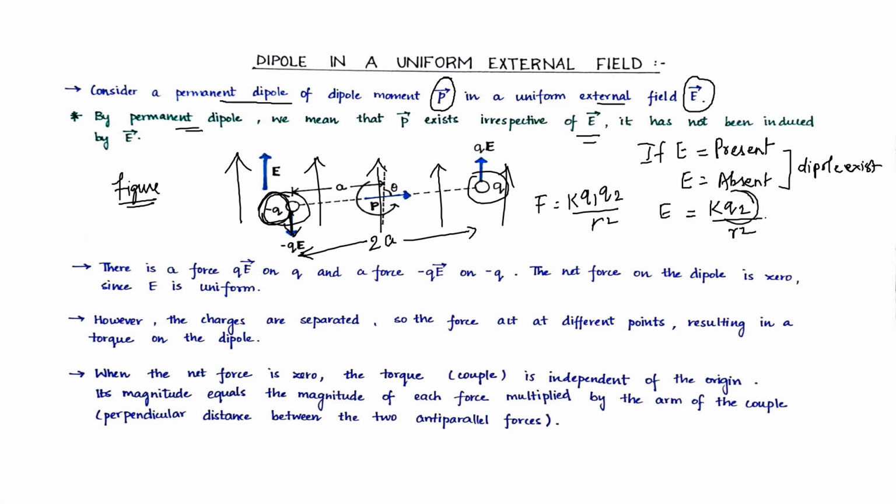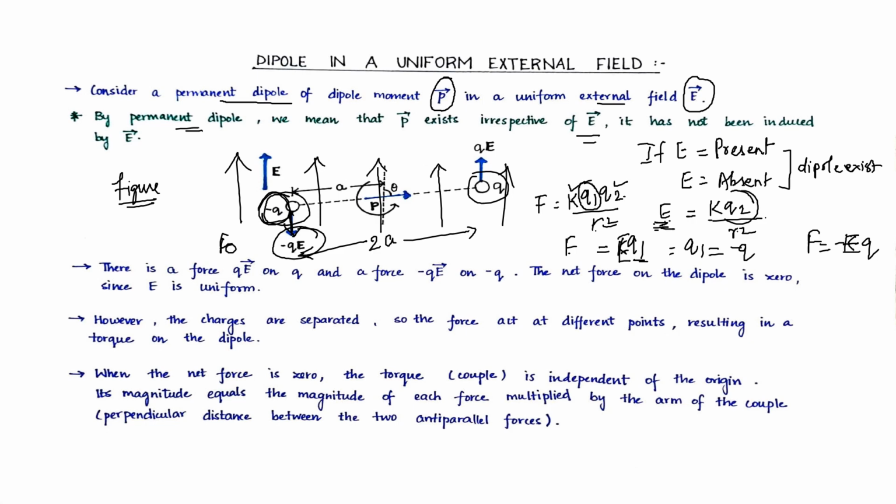The remaining terms are available, so these can be replaced by E. So F equals q1 times E, and here q1 is minus q, therefore F equals minus EQ. This is not K, this is E, we are replacing by E.